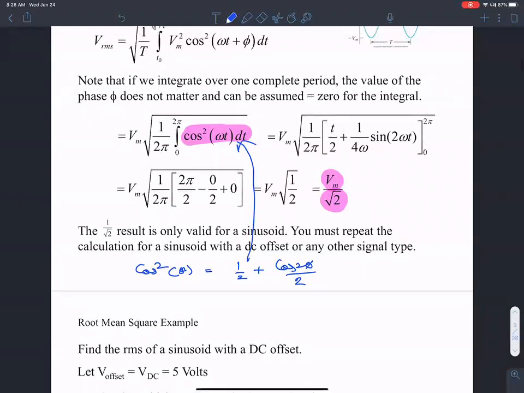Then it's easy to see how this 1 over 2 gives me, when I integrate it, t over 2, and when I integrate cos 2 theta over 2, I'm left with 1 over 4 sine 2 theta by the derivative of that.